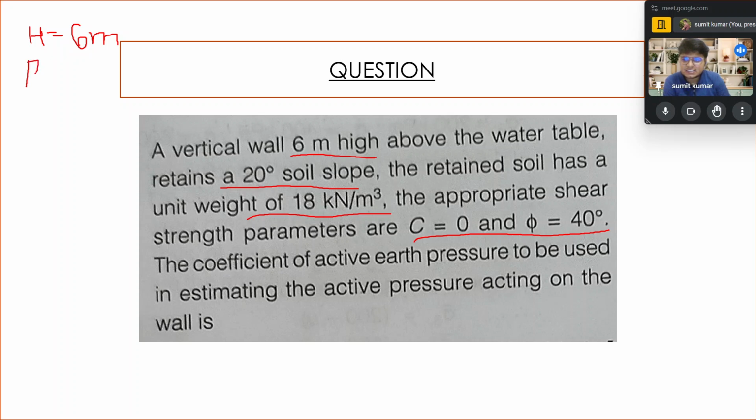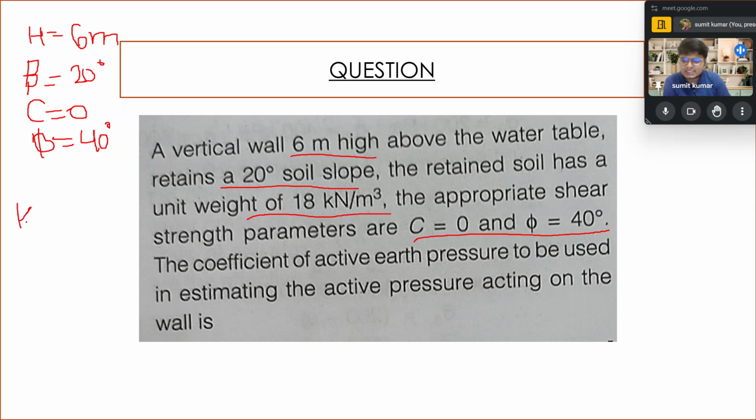So this is telling that we have the value of beta as 20 degree, and the value of C as 0, phi as 40 degree. So we have to calculate the coefficient of active earth pressure, that is Ka, as the question states over here.